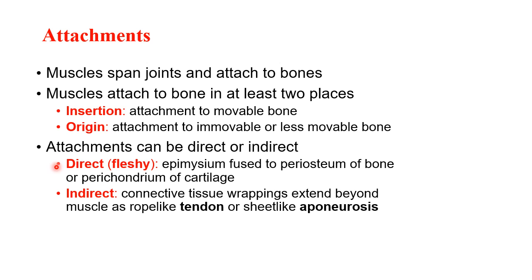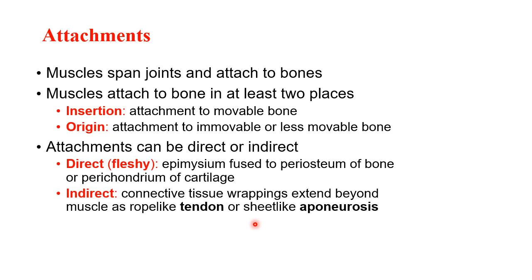Now, besides the direct attachment, you can also have indirect attachment. In that case, you're going to have some type of ropes or sheets of attachments from your muscle to the place that it is attached to. For example, these structures can look like rope-like tendons, right? So remember, tendon is muscle to bone.